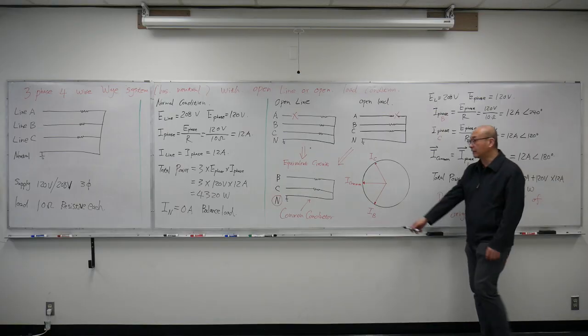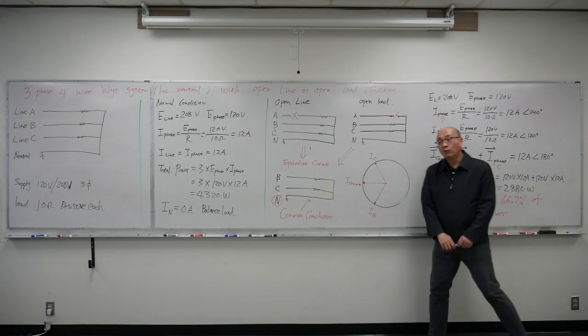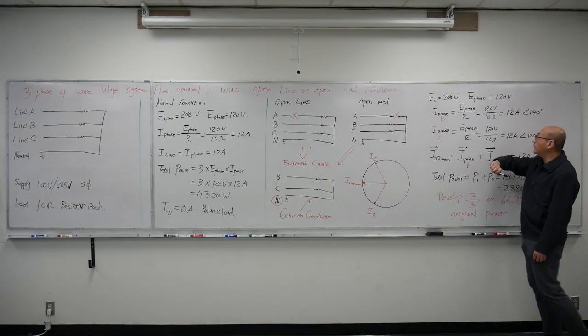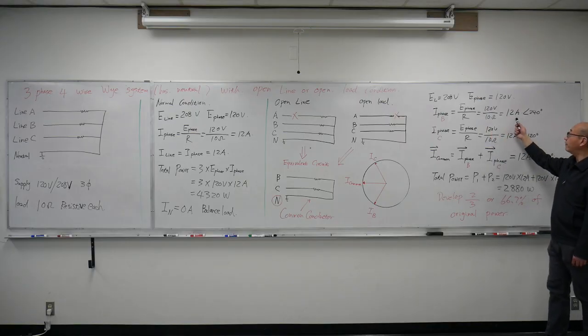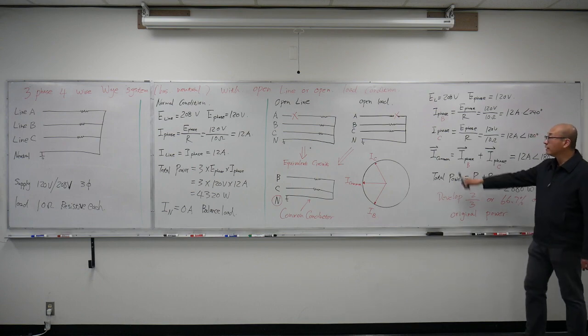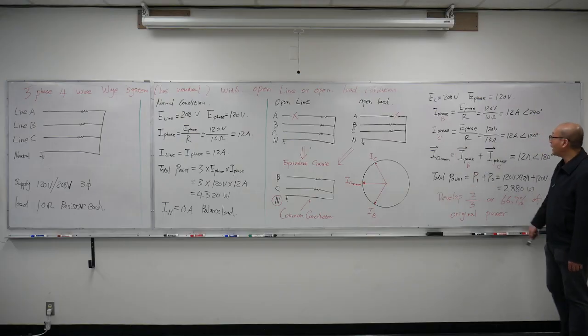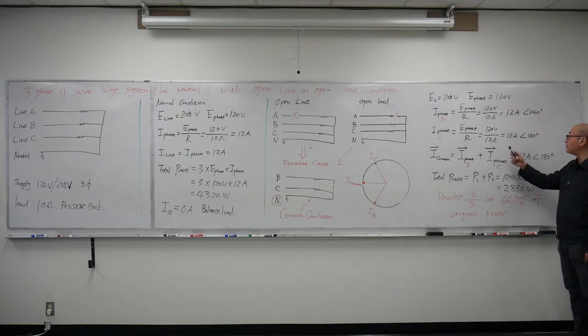So with 120 volts across 10 ohms, I have 12 amps. For phase B the angle is 240 degrees, so this current is 12 amps at 240 degrees. For phase C, I have a current of about 12 amps at 120 degrees.